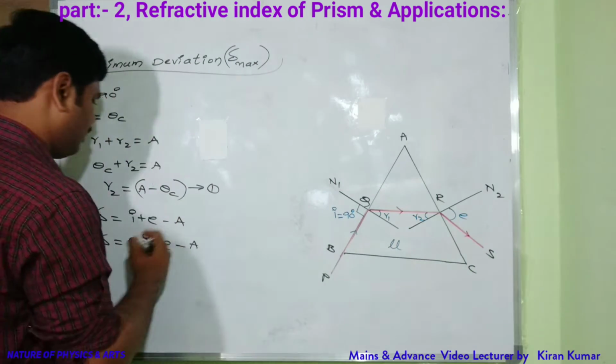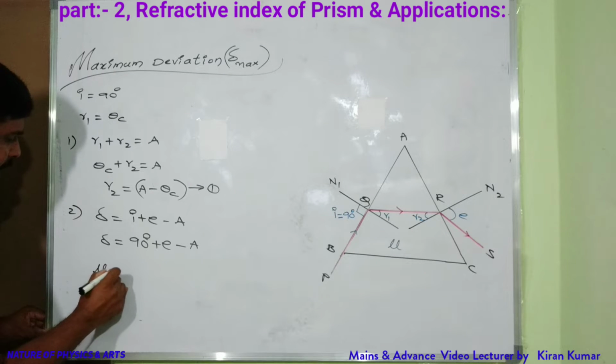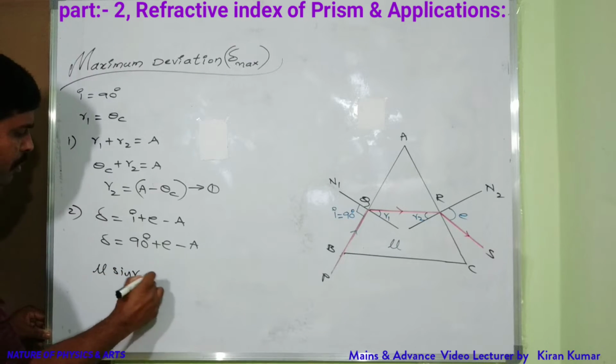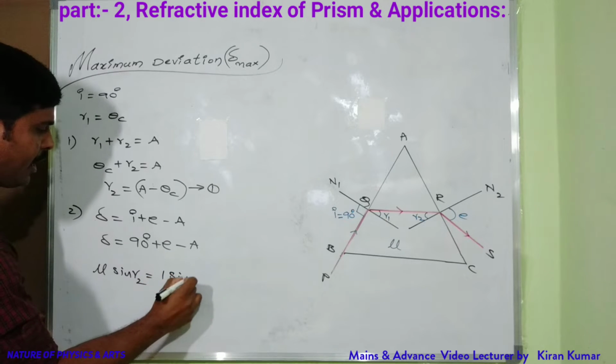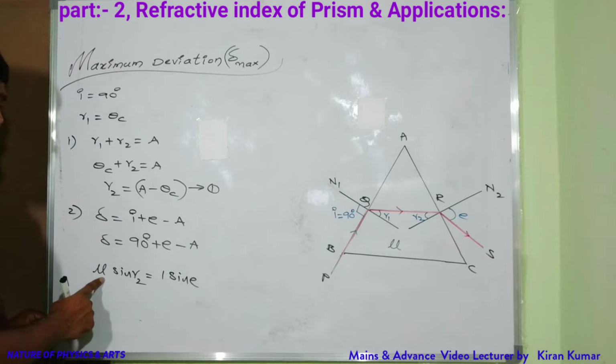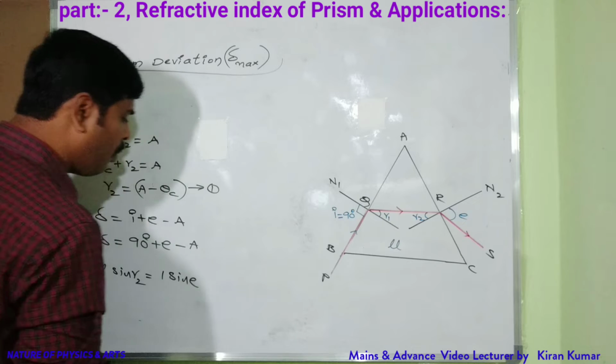Try to understand. Now Snell's law: mu sine r2 is equal to 1 sine e. Here the refractive index of the prism is mu and the refractive index of air is equal to 1.